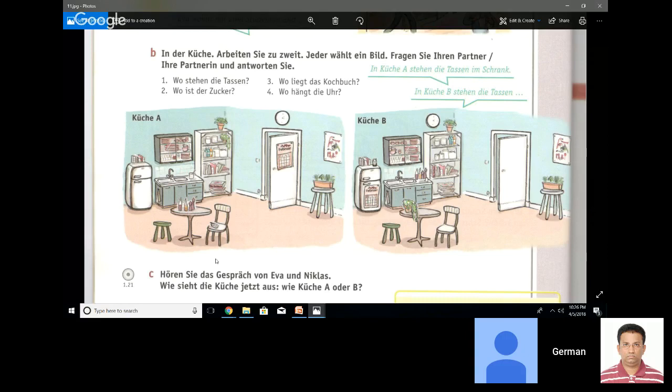Okay. Is it stehen or steht, Arvind? Stehen. Die Tassen, plural. Okay, stehen. Wo steht? Okay. Ja. Ist das richtig oder falsch?